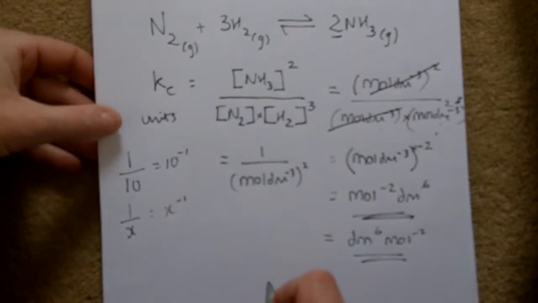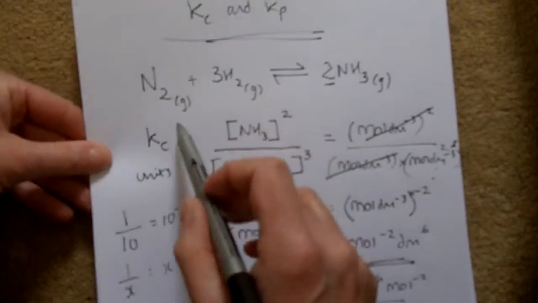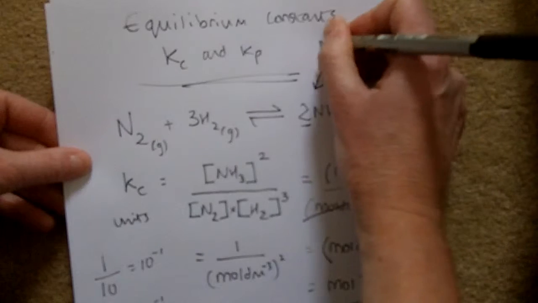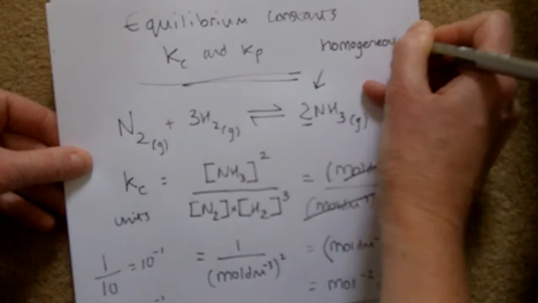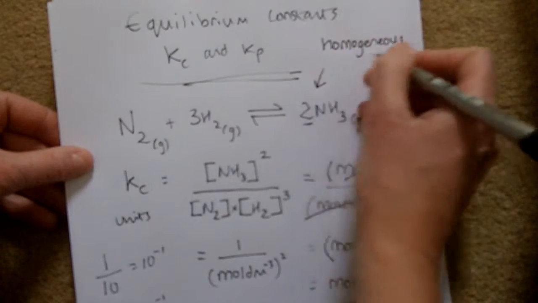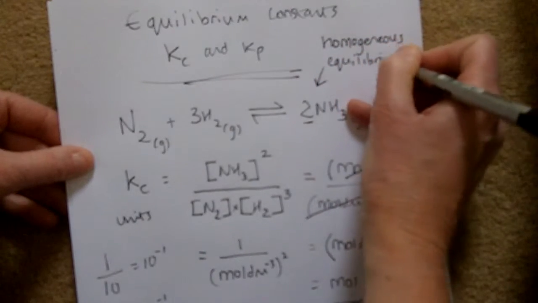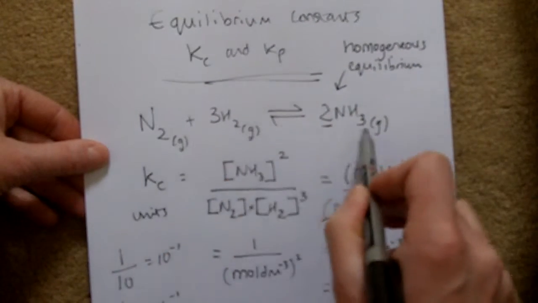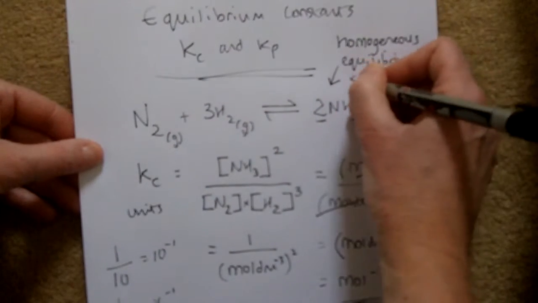Right, there are different types of equilibria. The type that I've drawn here is an example of a homogeneous equilibrium. Homogeneous equilibrium means that all the species are in the same state.